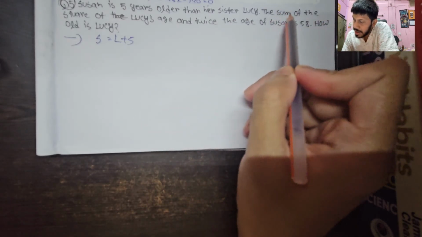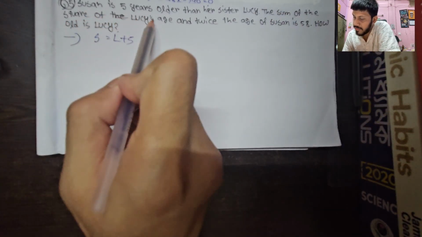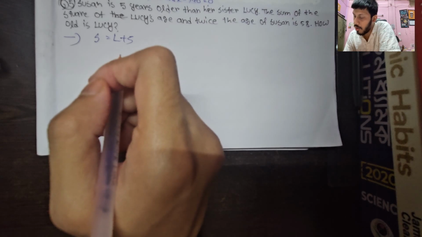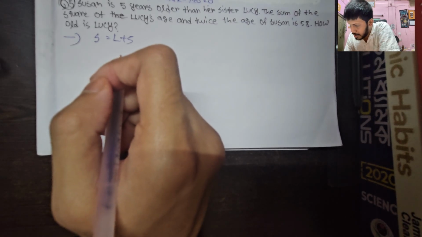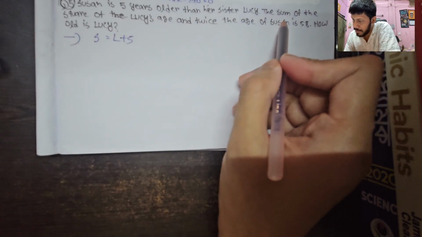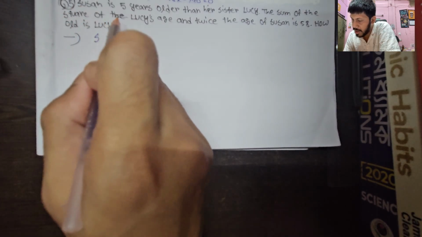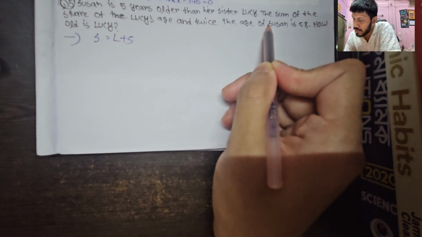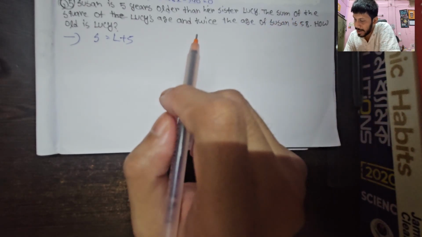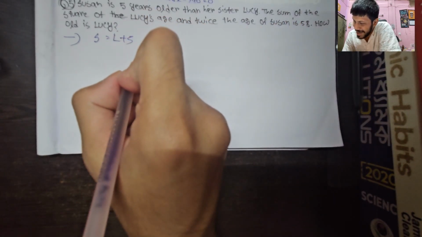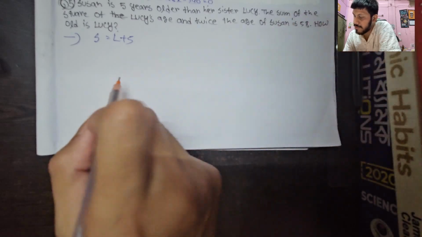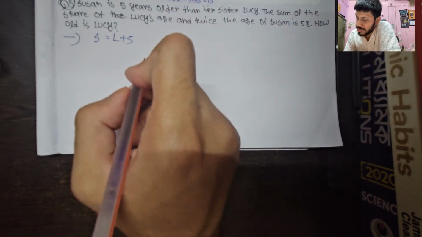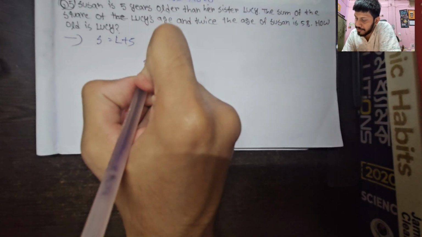Okay, the sum of the square of Lucy's age and twice the age of Susan is 58. It's a bit complicated. Let's first write this part. Twice the age of Susan is 2S basically.